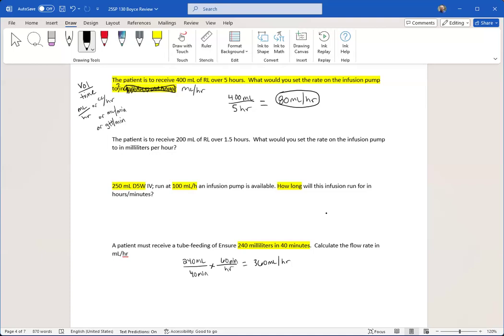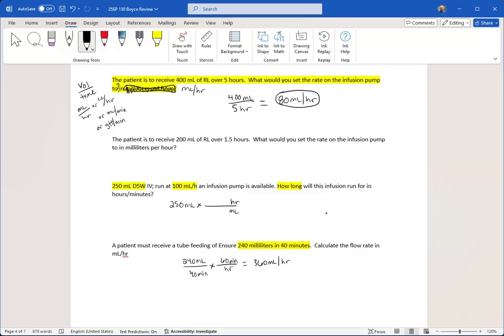So what you're going to do, or at least this is my strategy, as long as you're getting the same answer as me, you're doing this right. I take the total volume, 250 milliliters, and then I multiply it by the infusion rate. But what I'm going to do is get rid of milliliters and convert it to hours.